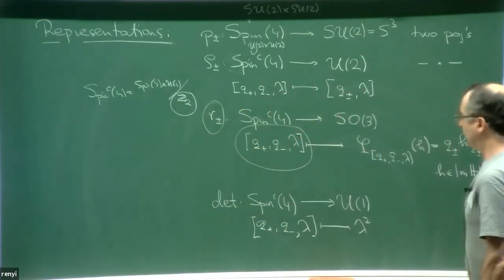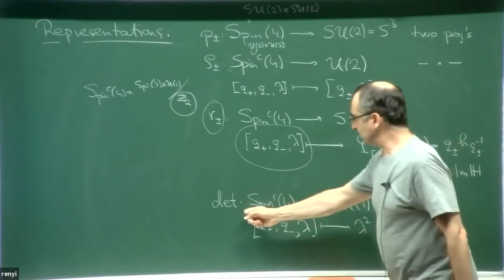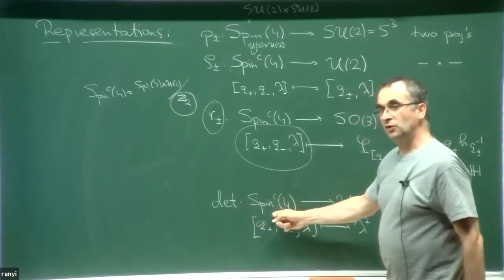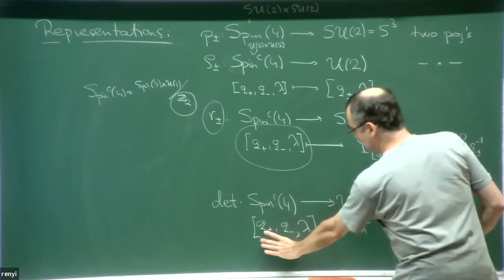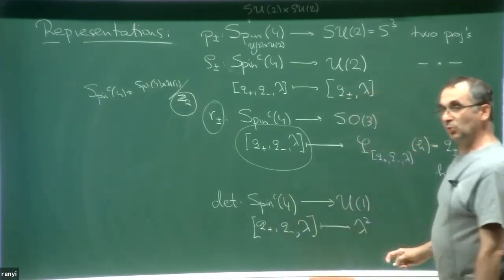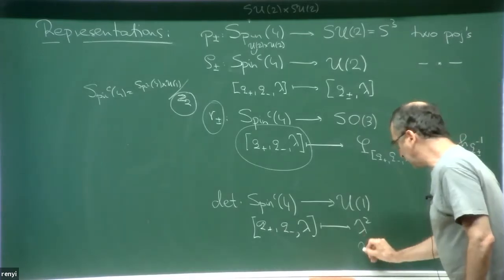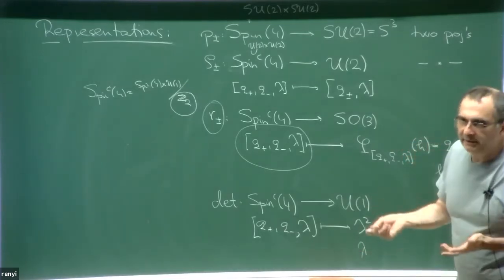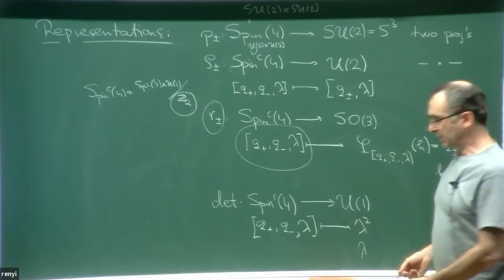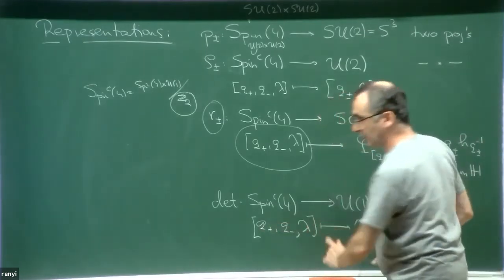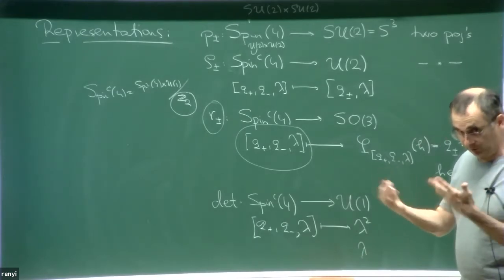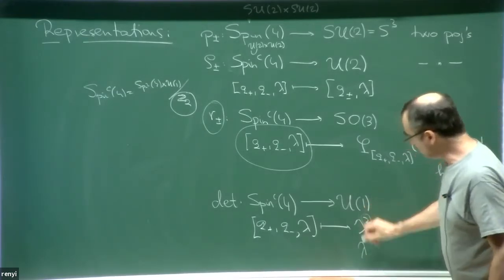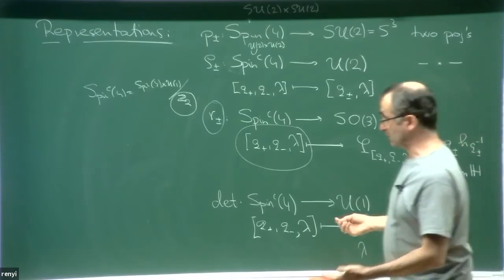And there is a further map. We take the determinant, which goes from Spin^c 4 to U1, where we take this triple and it goes to lambda squared. Notice that I cannot write lambda here. I mean, I can, it just doesn't make any sense because these are not determined by themselves. They are representing equivalence classes up to plus or minus 1. When we take the square, then this dependence will just disappear.